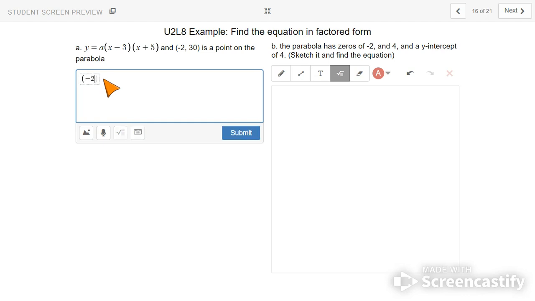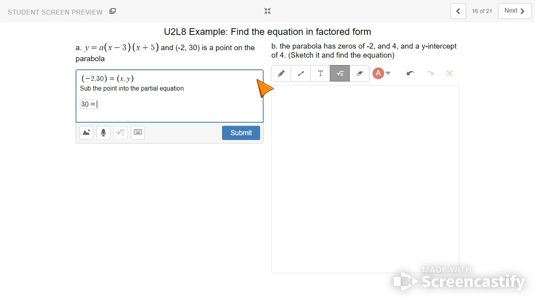So we know that (-2, 30) is a coordinate, meaning it's represented by an x and the corresponding y. We're going to sub that point into the partial equation.